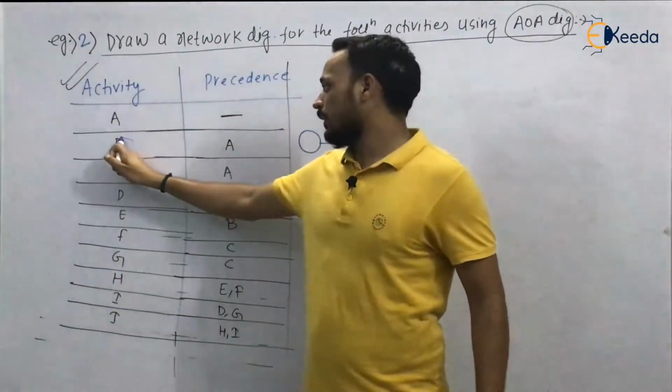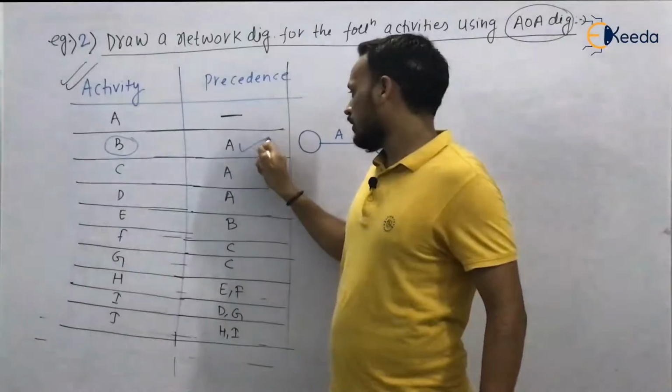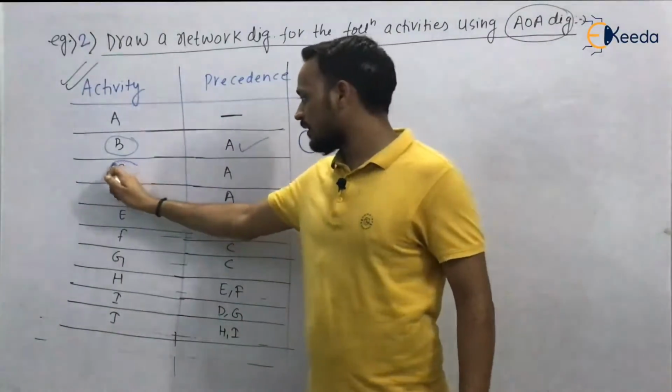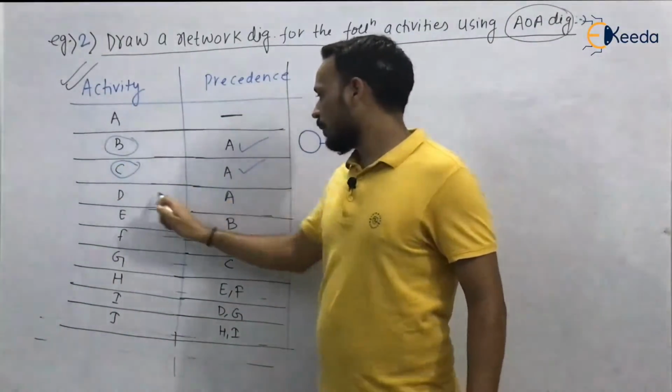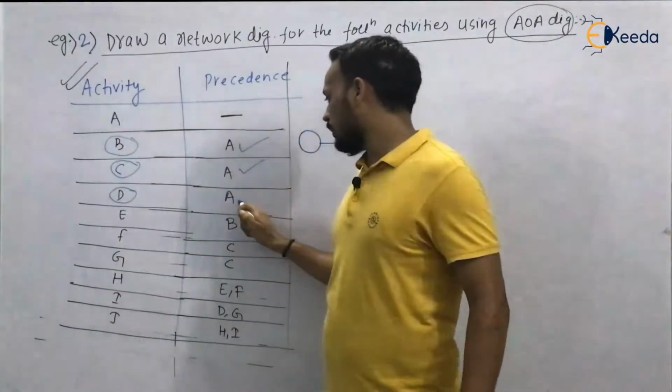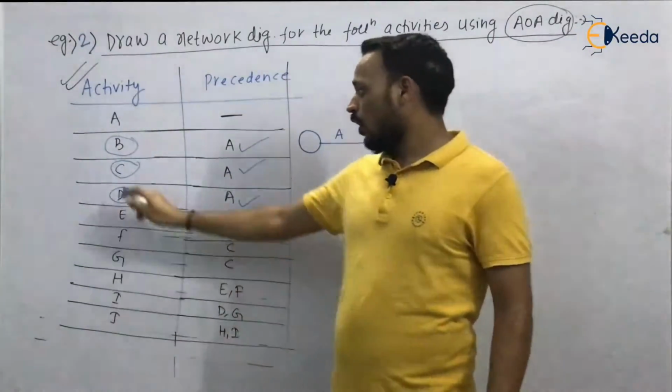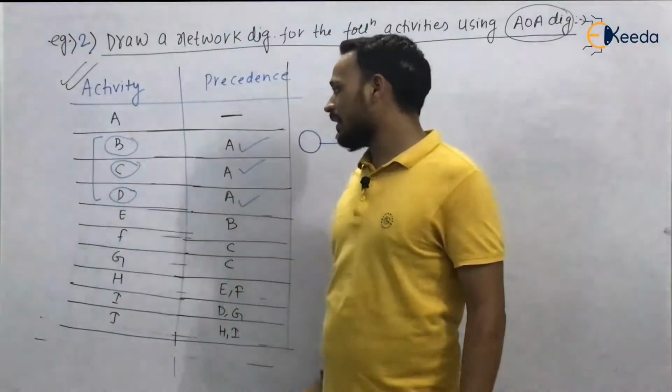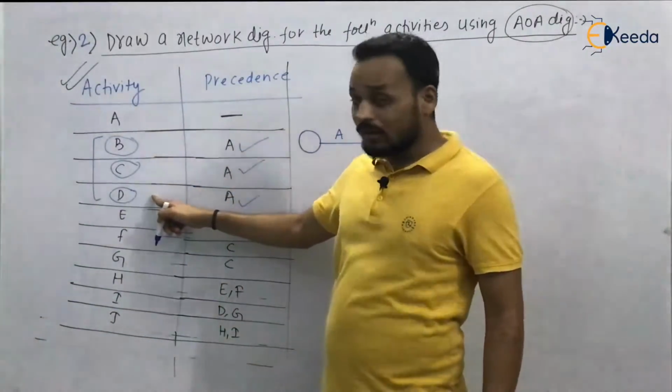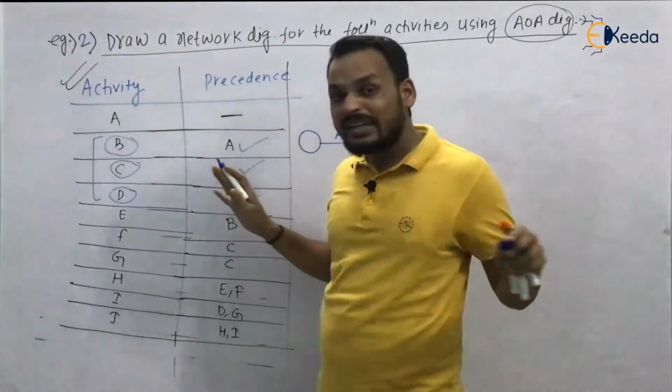Just look at activity B. The precedence is A. Look at activity C. The precedence is A. And look at activity D. The precedence is A. It means all these three activities B, C and D have to be started only when A is completed.